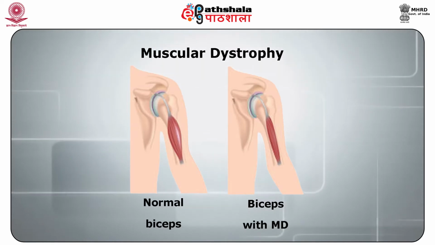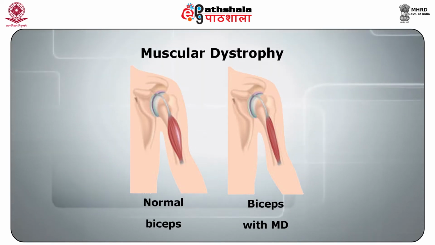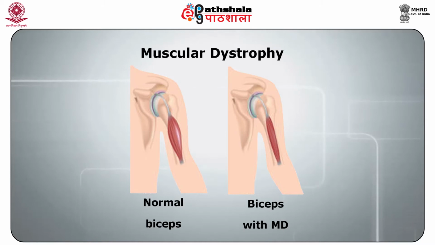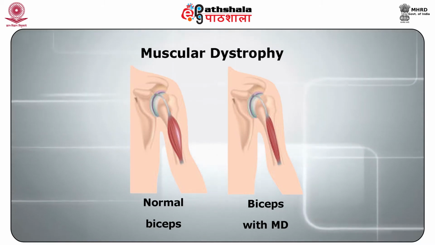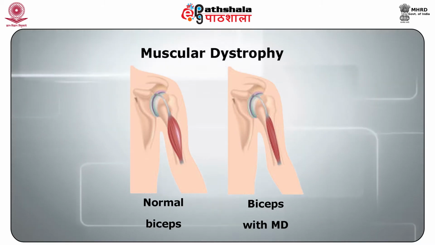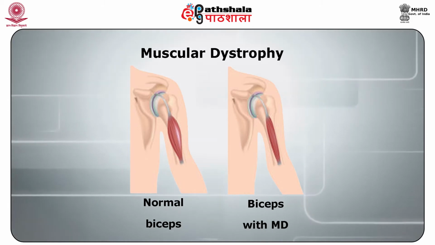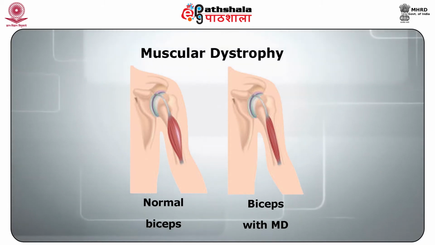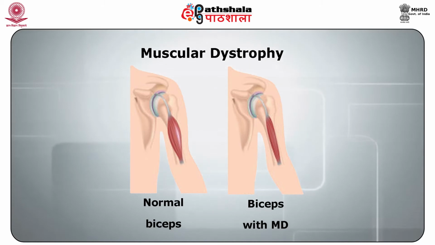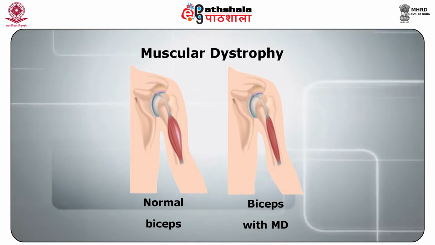This is a rarely seen disorder, in about 1 in 3,500 boys. Most of them do not live past their early 20s. Females are not affected by this disease, but they are at high risk for developing heart issues.